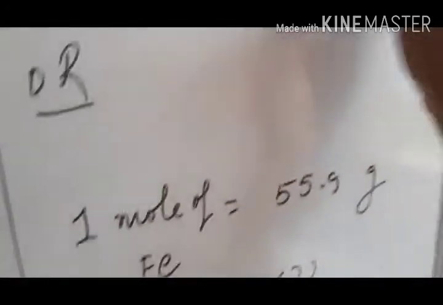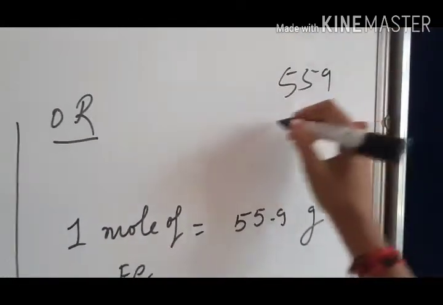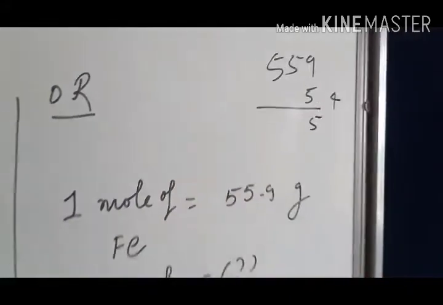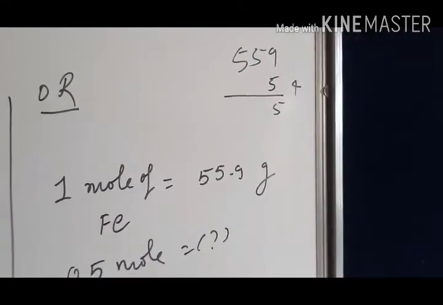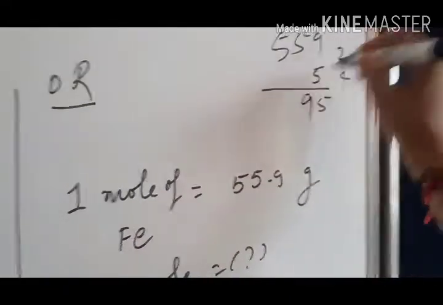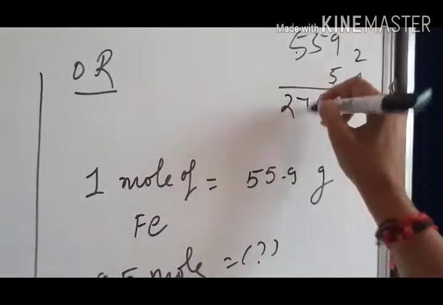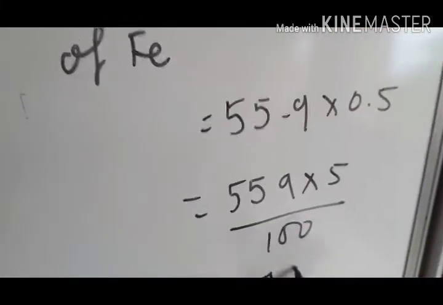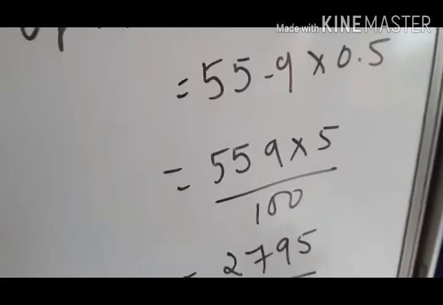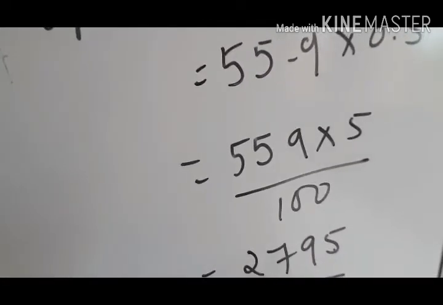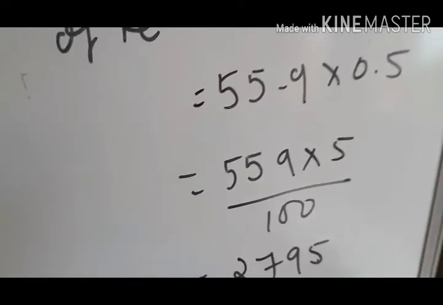We just do the calculation, 559 upon 5: 9 5s are 45, 5 5s are 25, 2 5s are 10... so we have 2795 upon 100, moving the decimal two places. So the answer is 27.95 gram. Okay, so that is the answer.